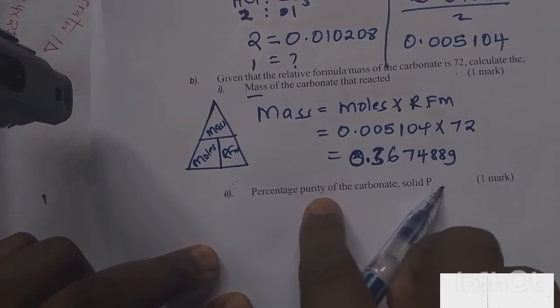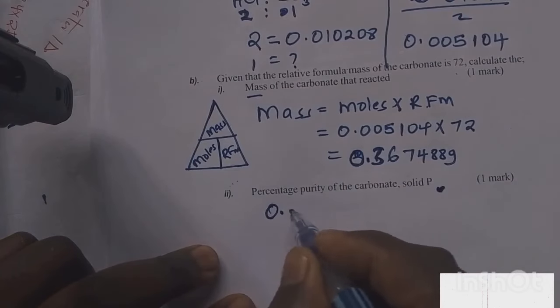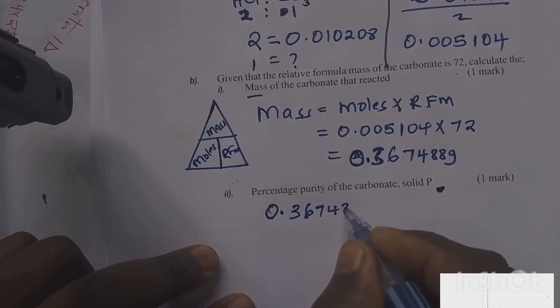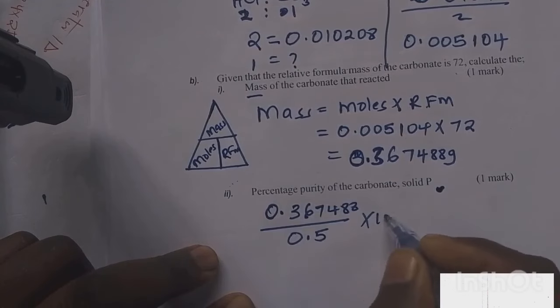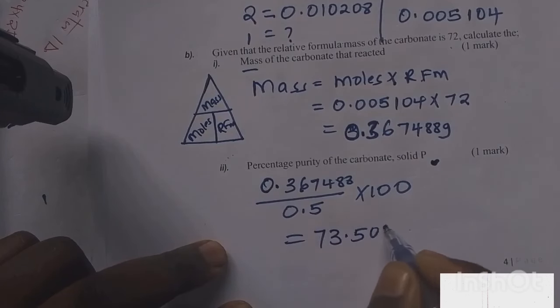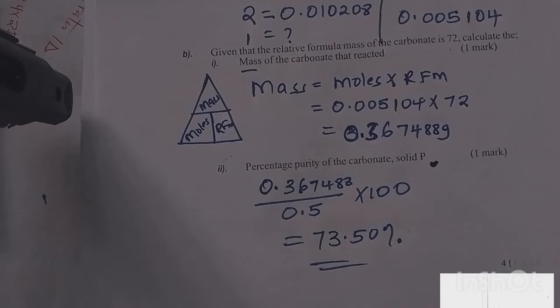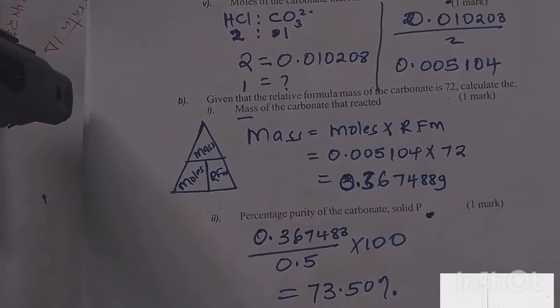Percentage purity is this mass over the original. 0.367488 over the original 0.5 times 100. That gives you 73.50%. And that is the percentage purity. So look at this question very well as you prepare for your exam.